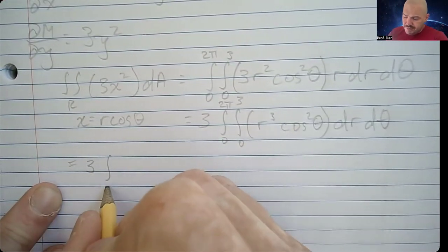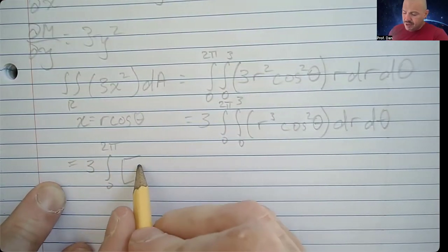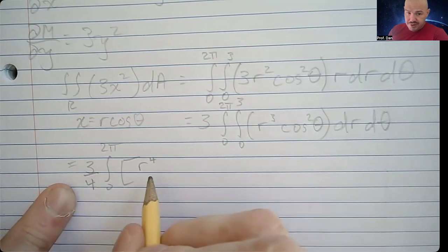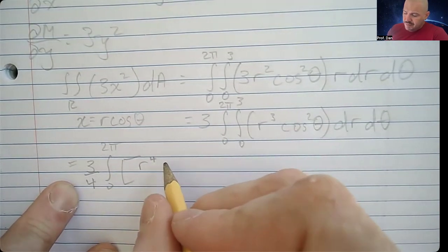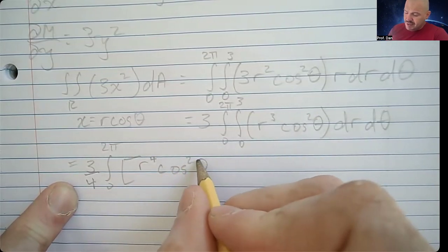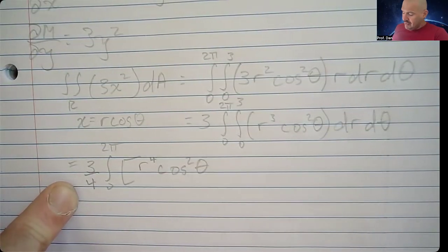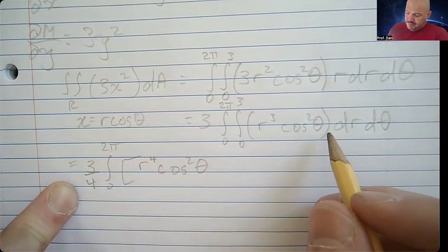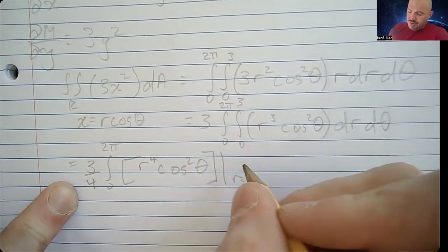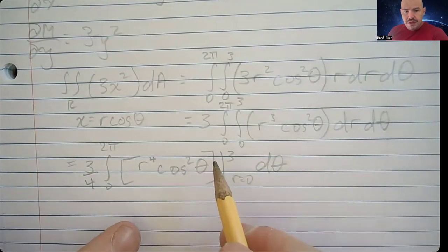So we have 3 integral from 0 to 2 pi. My antiderivative will be r to the 4 over 4, but I can pull that out front with a constant. And the cosine squared theta is unaffected because there's no r in cosine squared theta. Then we're going to evaluate this from r equals 0 to r equals 3 and integrate with respect to theta.